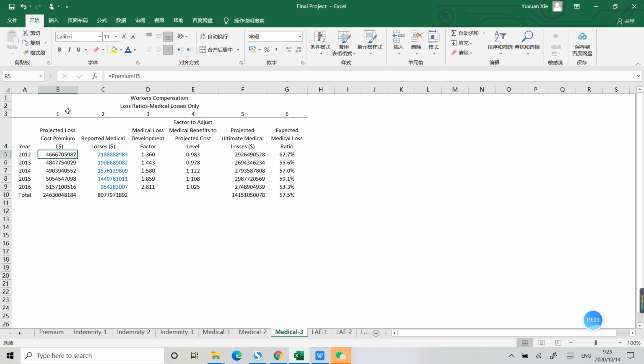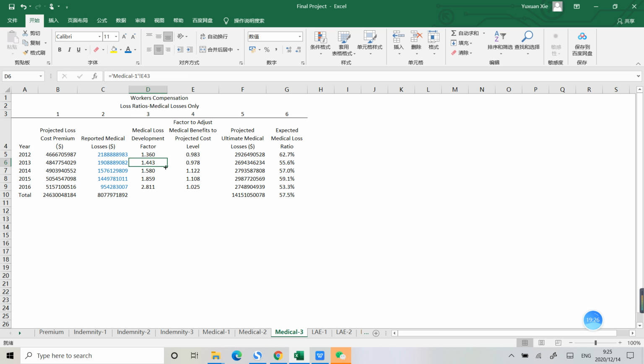The first column is from the premium, and column 5 is equal to reported medical losses multiplied by the medical loss development factor and the factor to adjust medical benefits to projected cost.